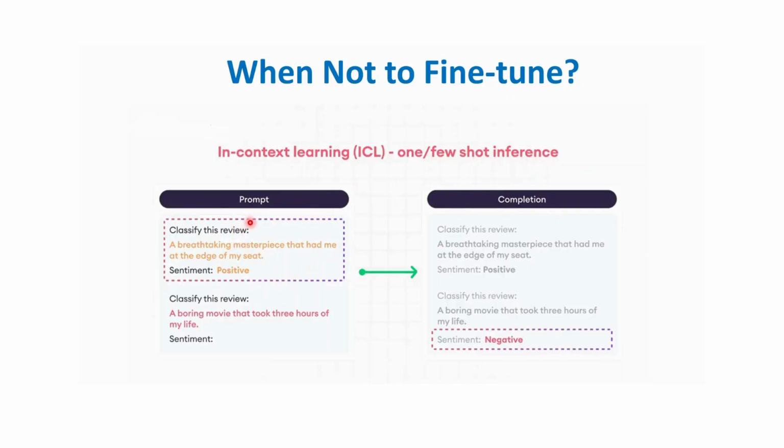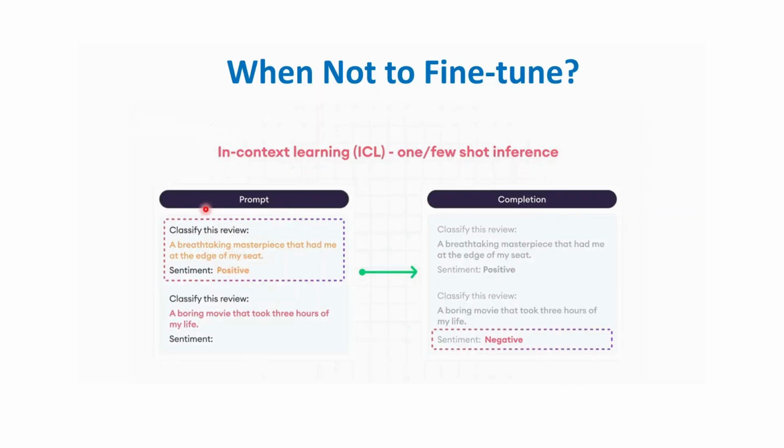What it means is, let's say the task is that whenever we give a review, the LLM is supposed to give the sentiment of the review, as positive or negative. This is the task we are expecting out of the LLM. For this, we can just give a few examples. So we give the prompt, classify this review, we give the review, and we give the label, sentiment as positive.